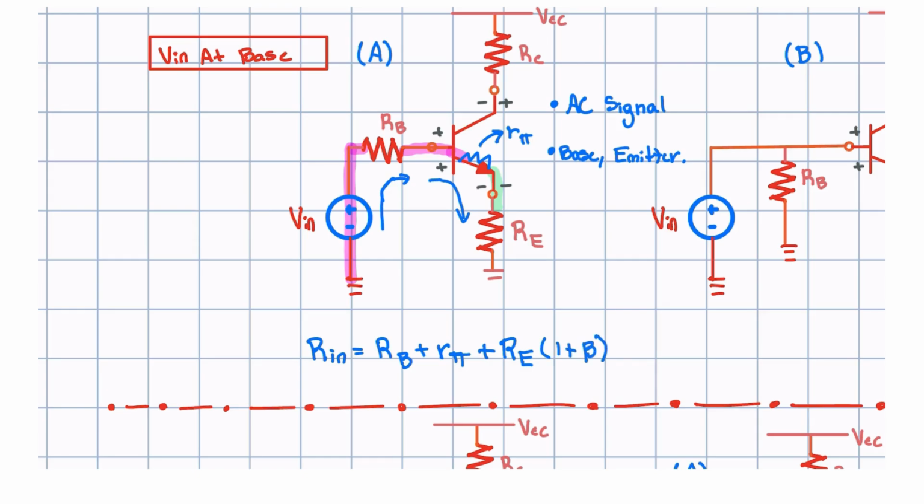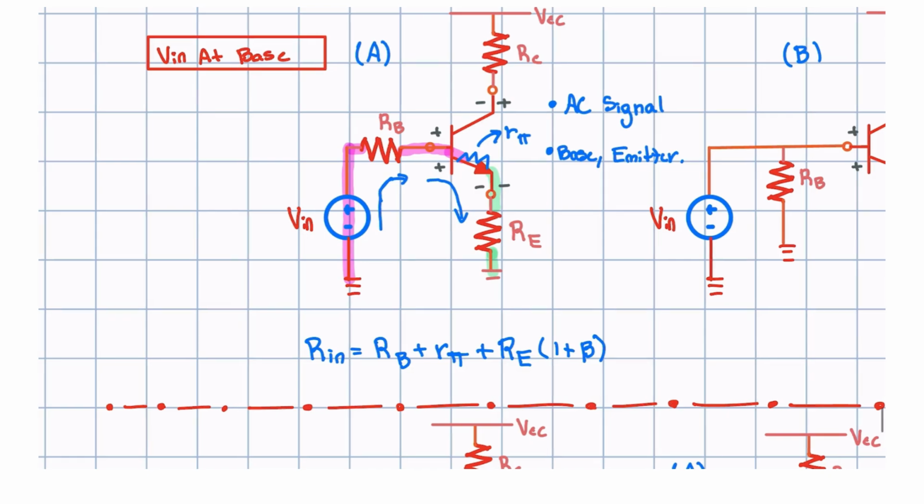This constant is typically given to you. After this resistance, we go straight to ground, which means we're done. We finish with this input impedance. There's nothing so special about it other than the resistance at RE, which we have to multiply by the constant. So let's do another problem quickly and then go into other special cases.